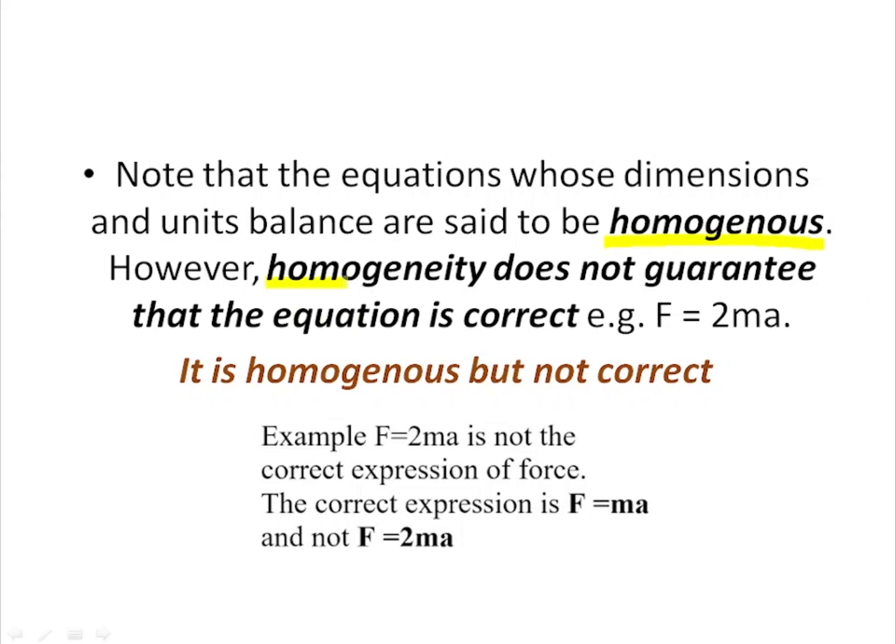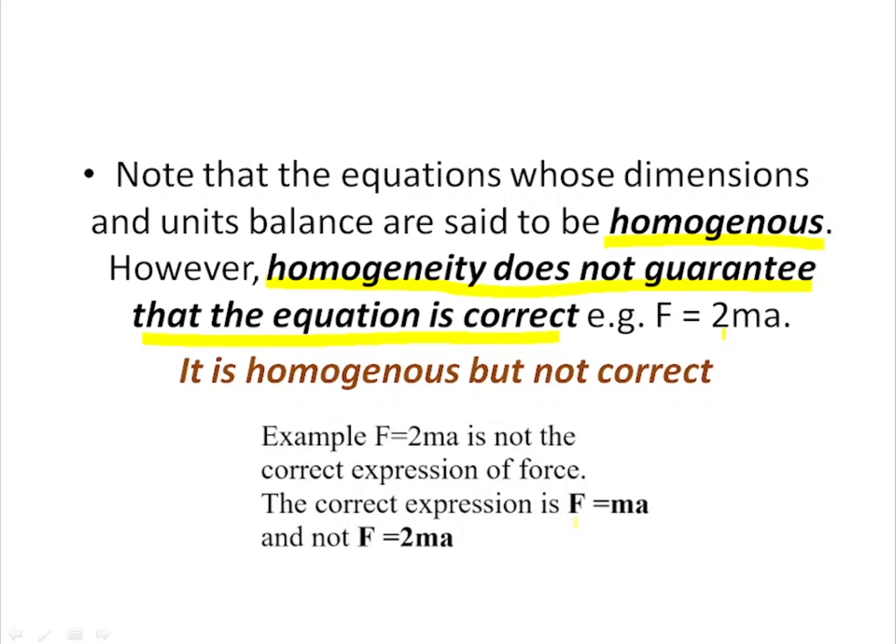However, homogeneity does not guarantee that the equation is correct. For example, F is equal to 2ma, that is, force is equal to twice mass times acceleration. It is homogeneous, but not correct.